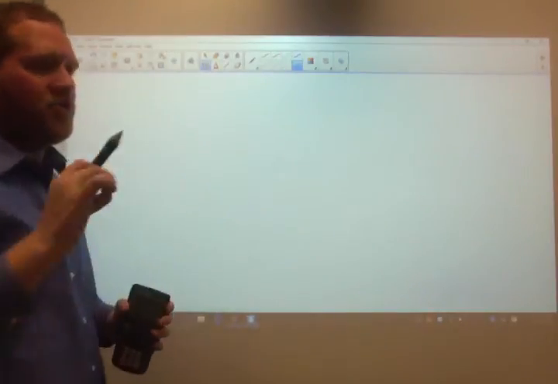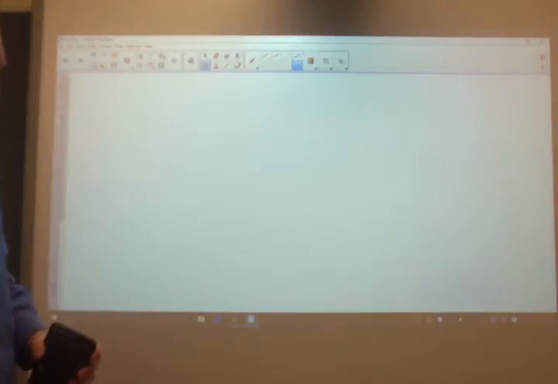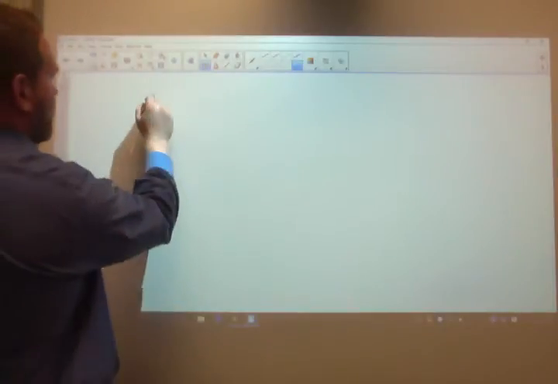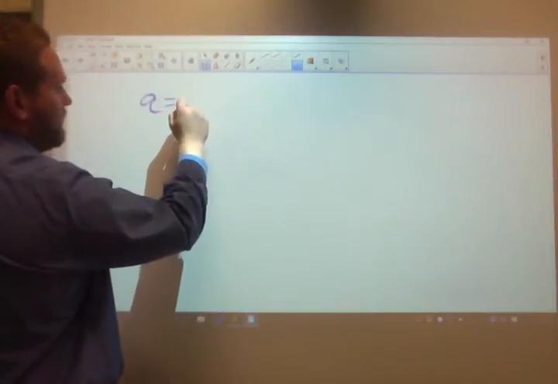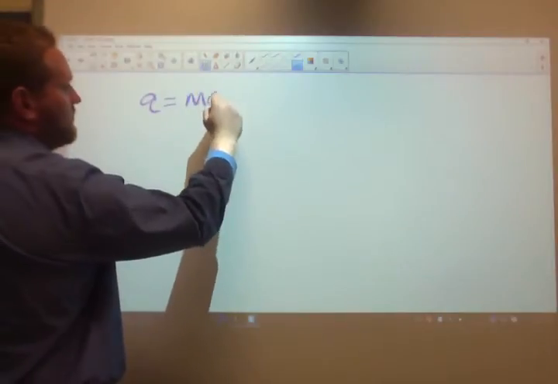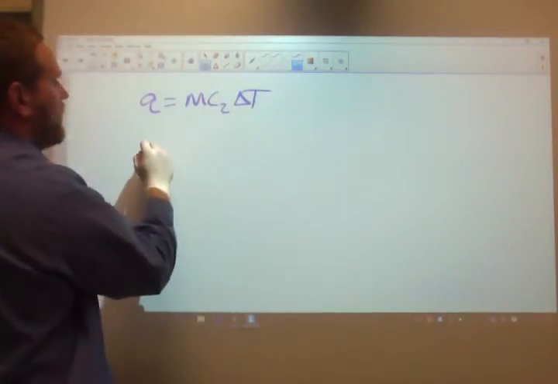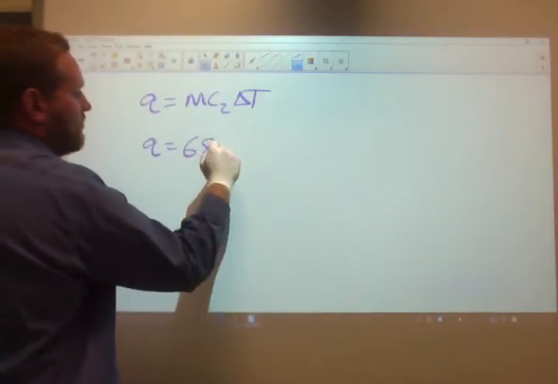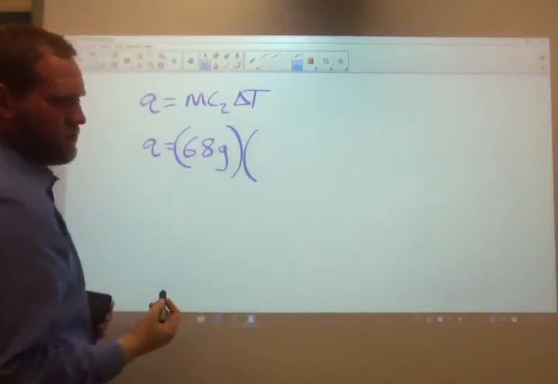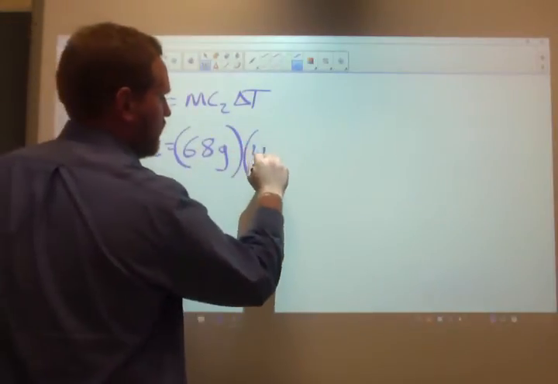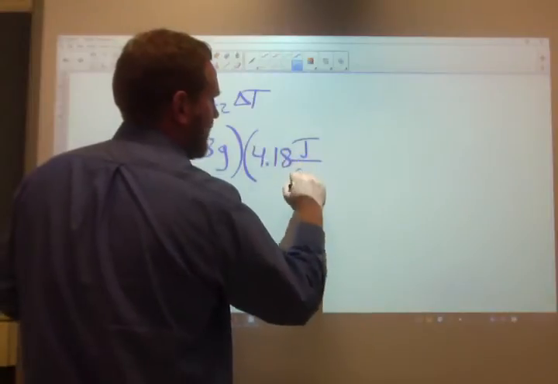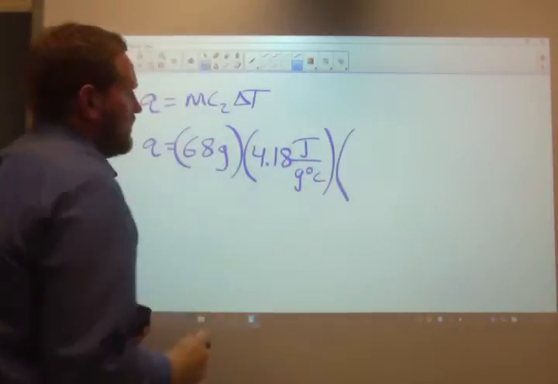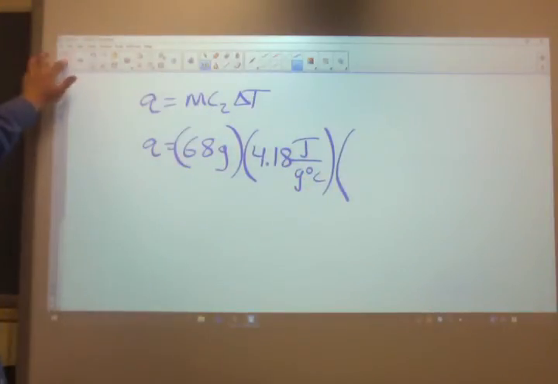I now have 100 degrees Celsius liquid. I'm going to drop that down to 80 degrees Celsius liquid. I need to see how much heat's given off. Q equals mc2 delta T. 68 grams times C2, which is 4.18 joules per gram degree Celsius, times my third delta T. Now again, be careful.